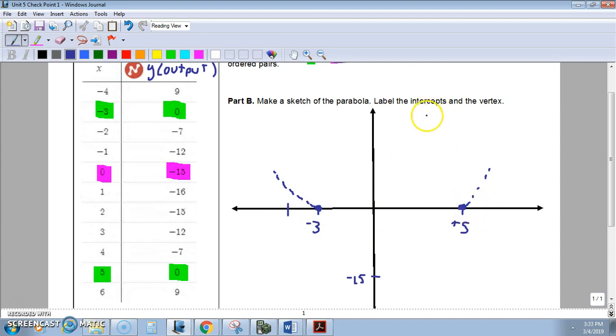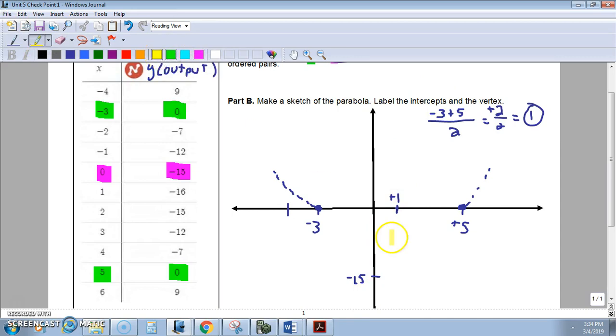So if I find the average of those, or the mean, I would take -3 plus 5, that answer divided by 2. So that ends up being -3 plus 5 is +2 over 2, which is equal to 1. So that's going to be 1, 2, 3, 4, 5. That's going to be my line of symmetry, x equals 1.